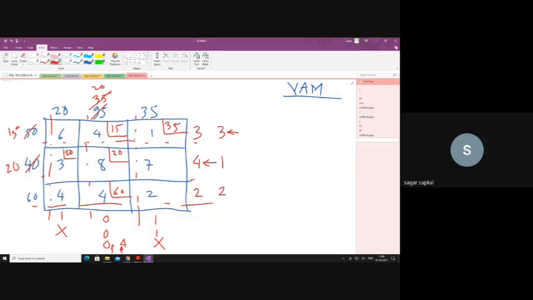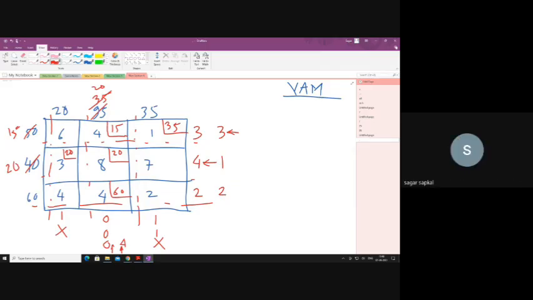In the second row it is 3 and 7, difference is 4. In the third row it is 4 and 2, so the difference is 2. In the first column it is 4 and 3, difference is 1. In the second column 4 and 4, difference is 0. In the third column 2 and 1, difference is 1. This much is okay?